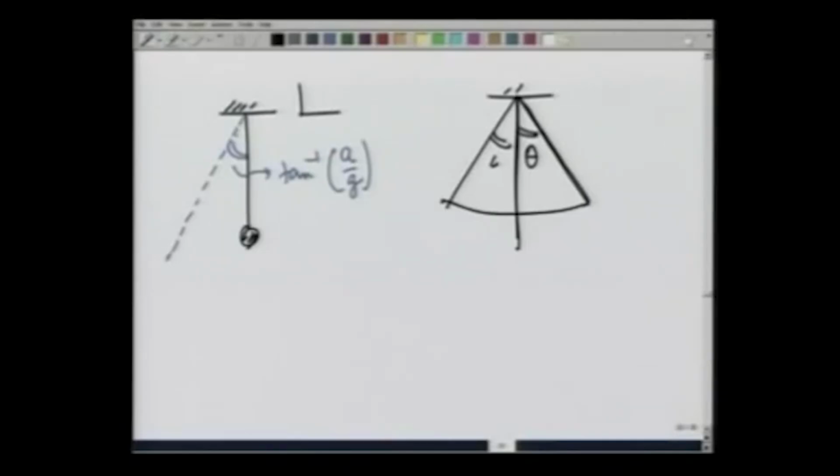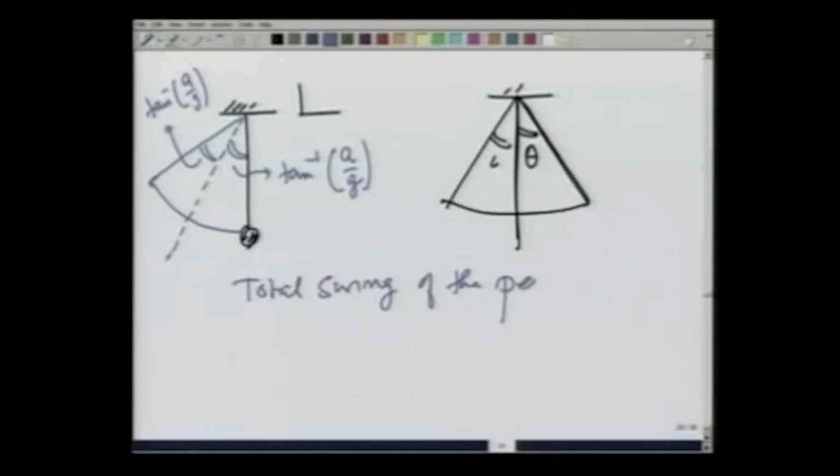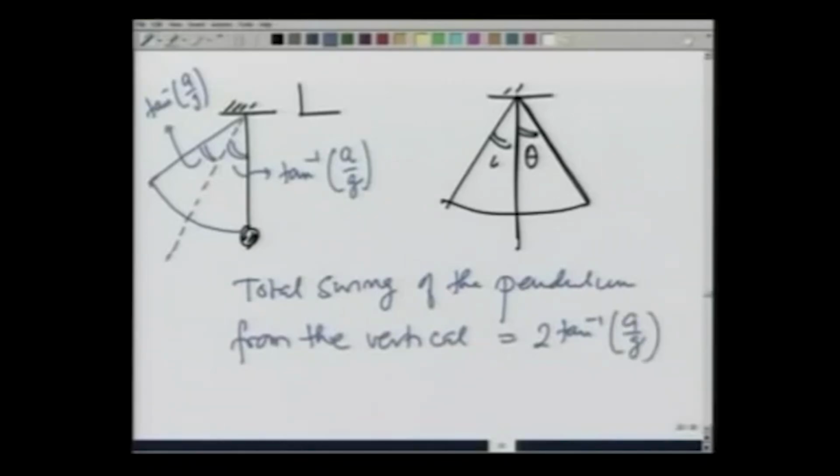So in this frame, accelerating frame, the pendulum will swing across the equilibrium point exactly by the same angle as it was initially to the one side, and that is going to be tan inverse A over G. So the total swing of the pendulum from the vertical is equal to 2 tan inverse A over G.